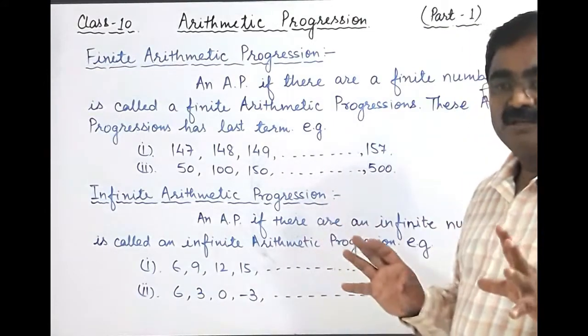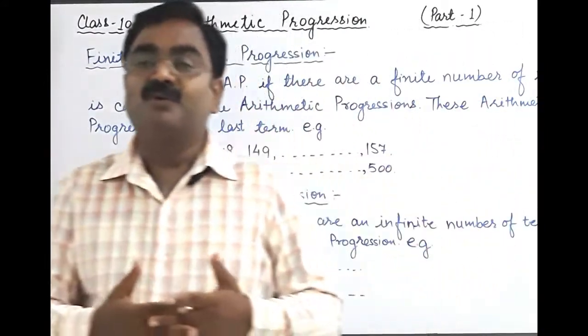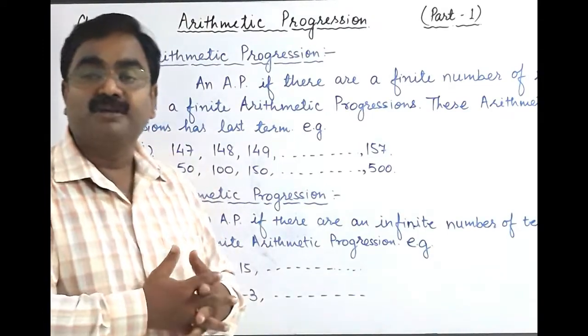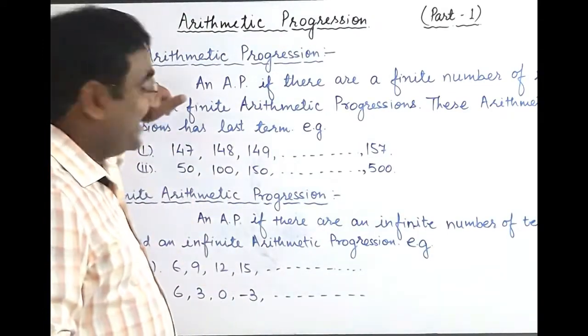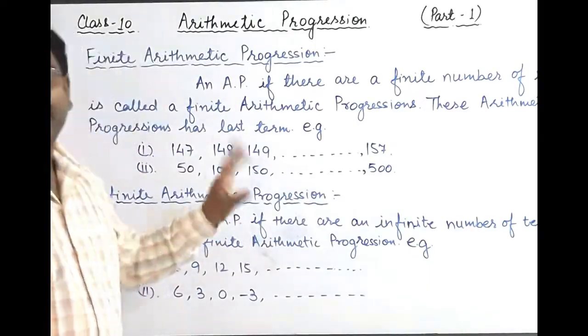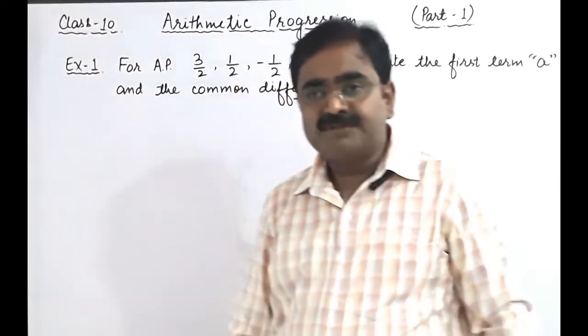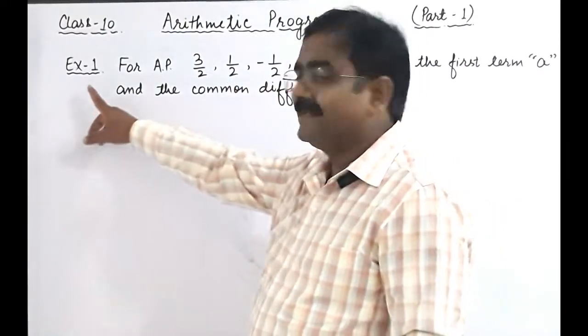So right children, I think you are all well aware now of what an arithmetic progression is, what a finite arithmetic progression is and what an infinite arithmetic progression is, right? Okay friends, so let us see example number 1.